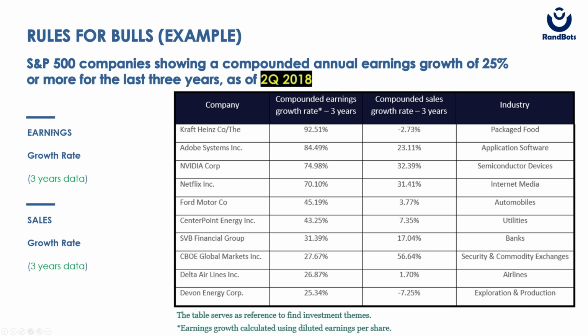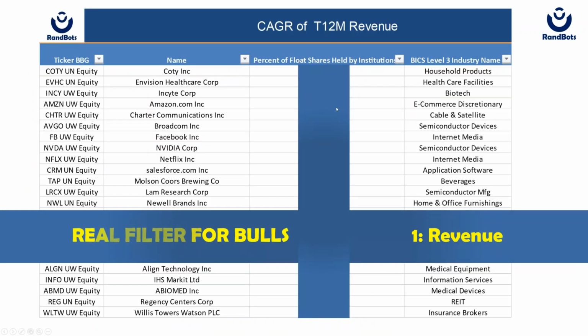We're looking at earnings, and we have another filter for sales. And you can see how NVIDIA popped up here, and there are other examples. This is the Excel itself that I can share with you. You can email me and I could send you this Excel if you want.